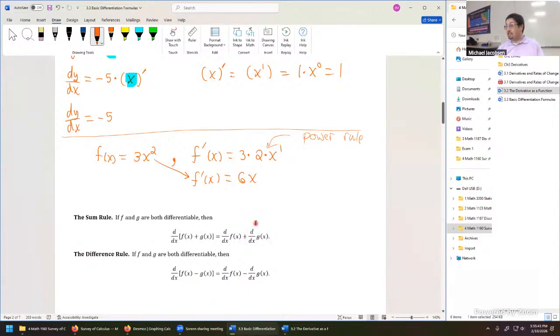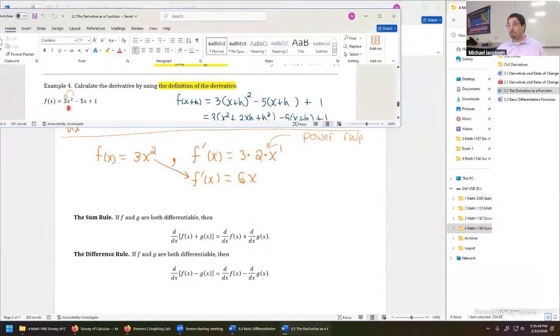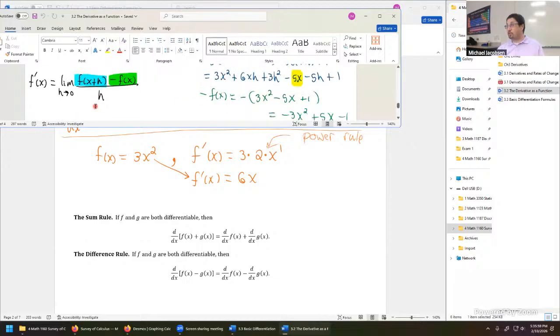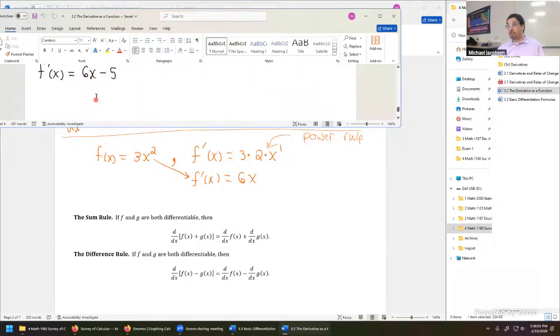That's a fantastic rule because it allows us to just divide and conquer, differentiating one term at a time. Differentiate that one, we get 6x. Differentiate that one, it's just a -5. That one's a constant, so that term will go to 0, and that's the full justification, without looking at the limit, of how we get 6x minus 5.